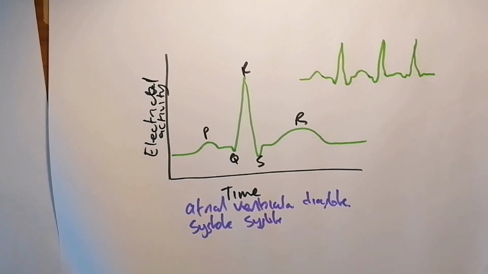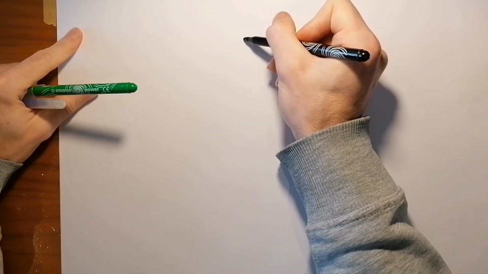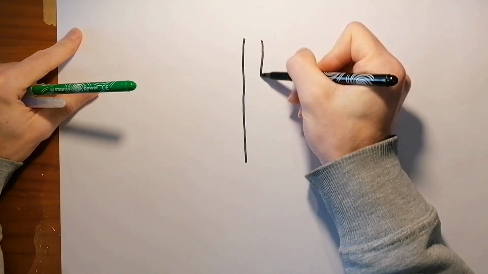The last thing that we're going to talk about is vowel sounds. How this corresponds with vowel sounds. I'm just going to do a very quick sketch of the heart. See if I get this right.